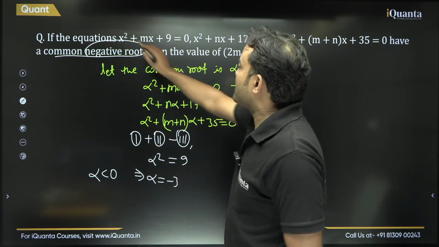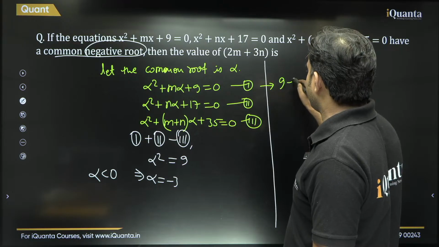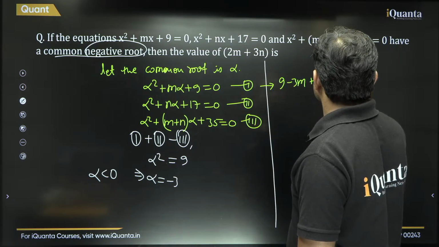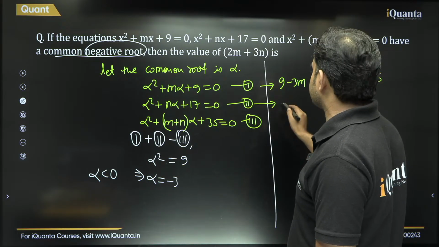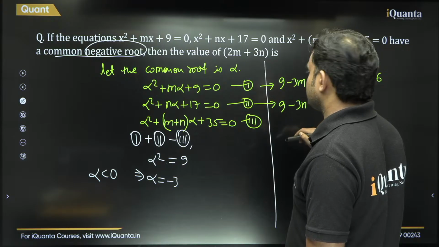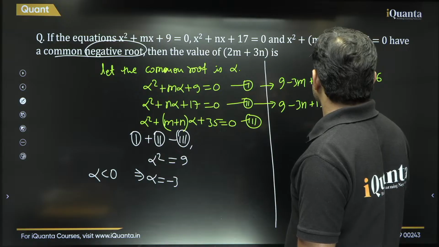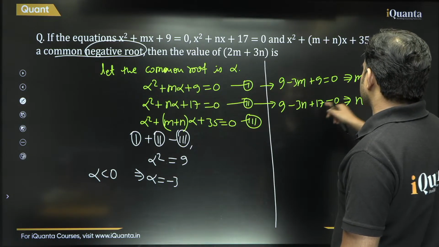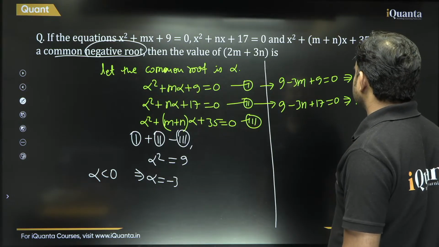Now, if I put here, can I say using this 9 minus 3m plus 9 is equal to 0, or m is equal to 6. Then using this we can say 9 minus 3n plus 17 is equal to 0 और ये हो जाएगा n is equal to कितना हो जाएगा ये, 26/3 है ना.